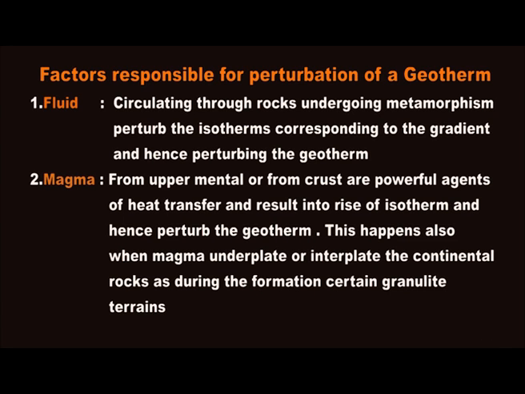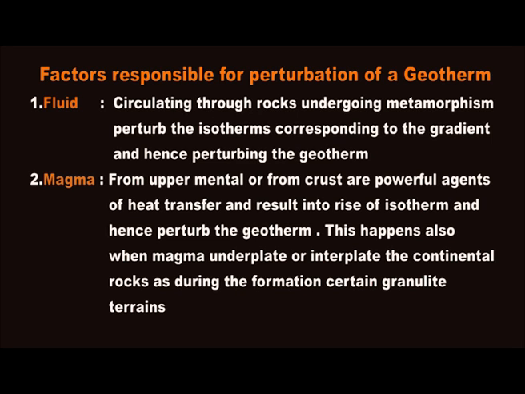The factors responsible for perturbation of a geotherm are: first, fluid circulating through rocks undergoing metamorphism perturbs the geotherm. Second, magma from the upper mantle or from the crust is a powerful agent of heat transfer and results in the rise of isotherms, and hence perturbs the geotherm.